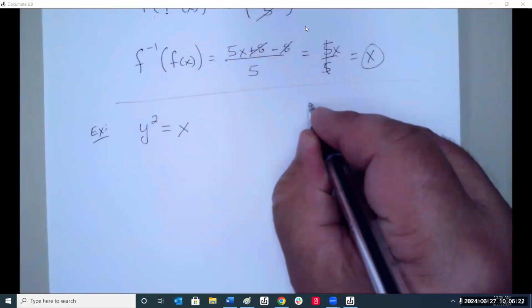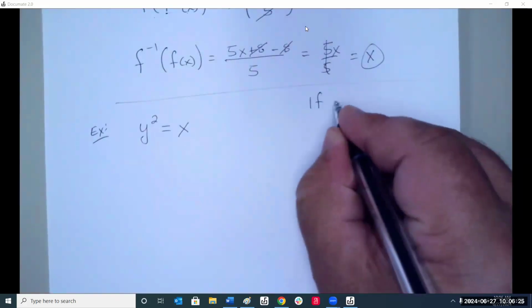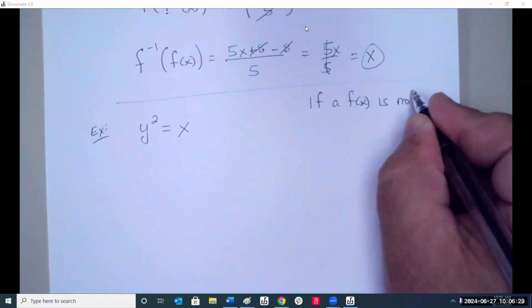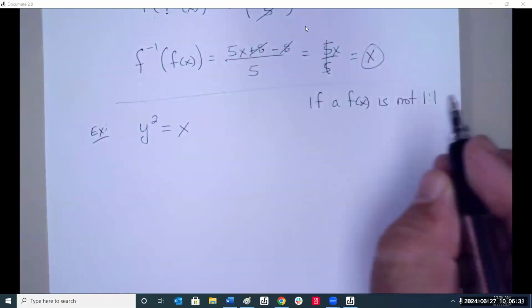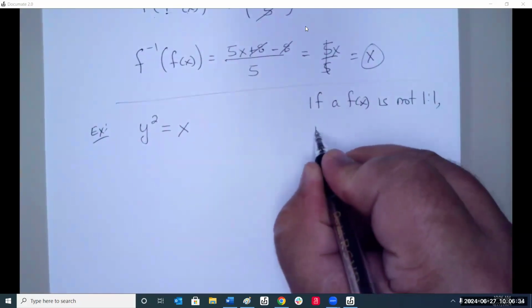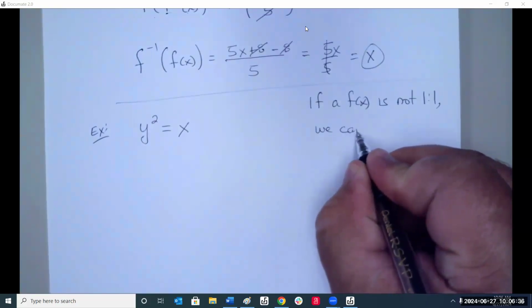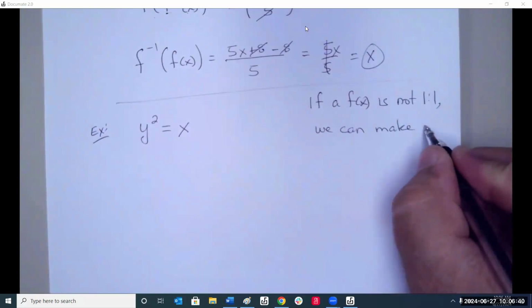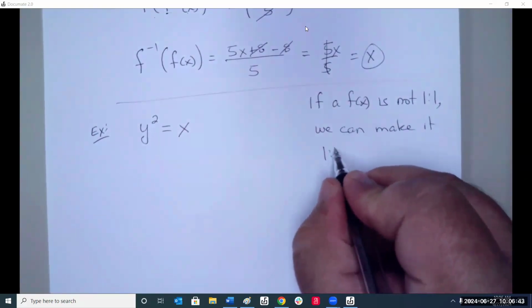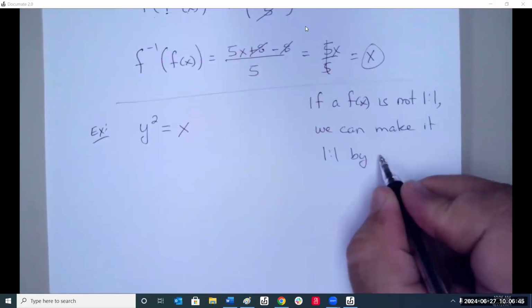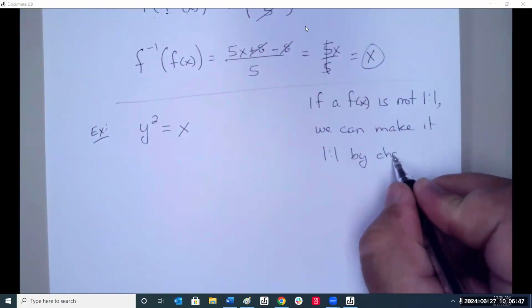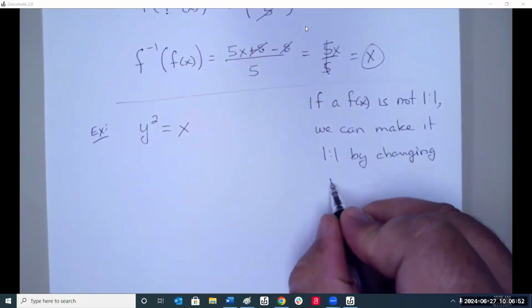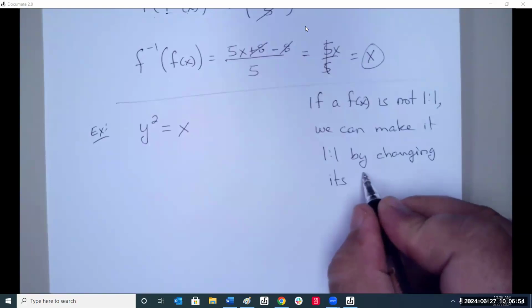So if a function is not one-to-one, we can make it one-to-one by changing its domain.